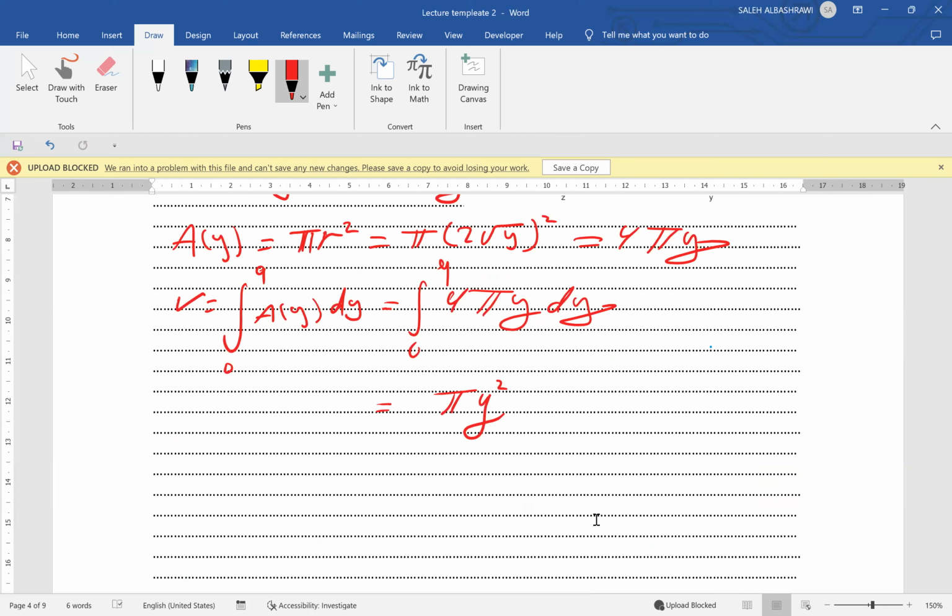Between 0 and 9, that will be 2 pi multiplied by (81 minus 0), which is equal to 162 pi. So the volume for this solid will be 162 pi cubed units.